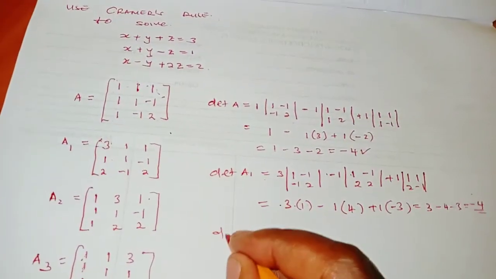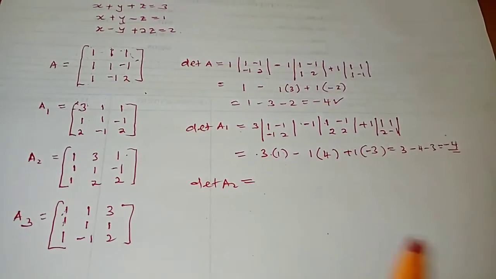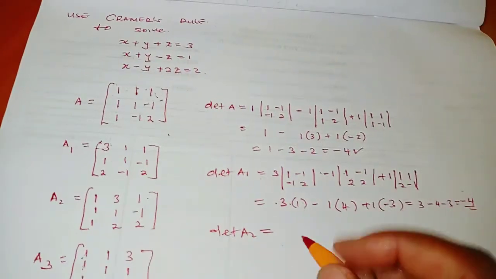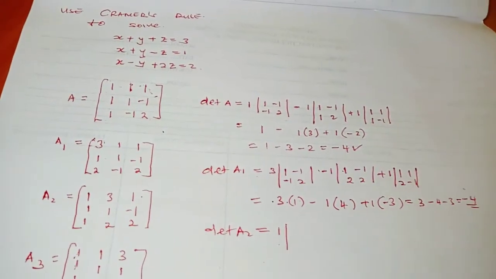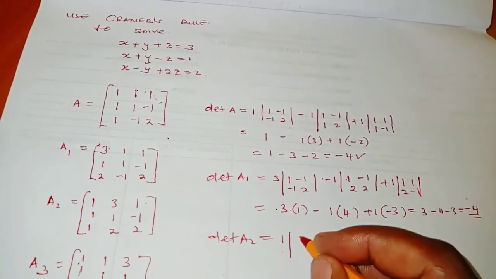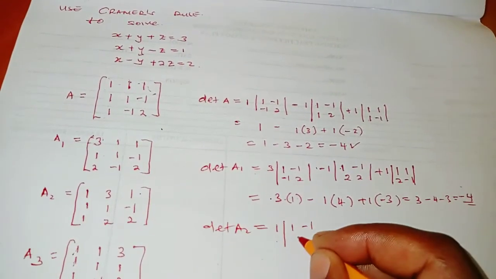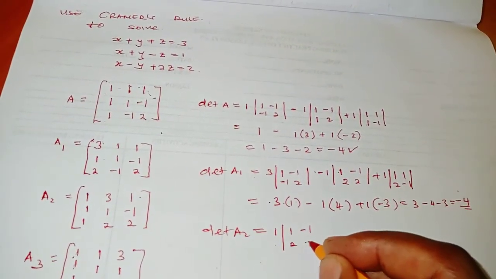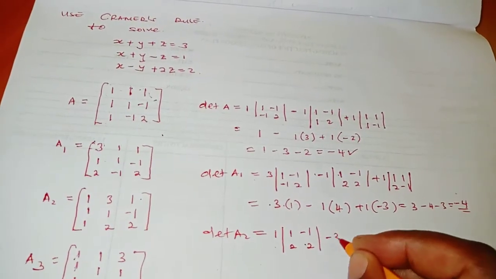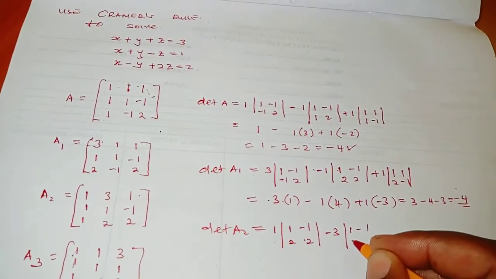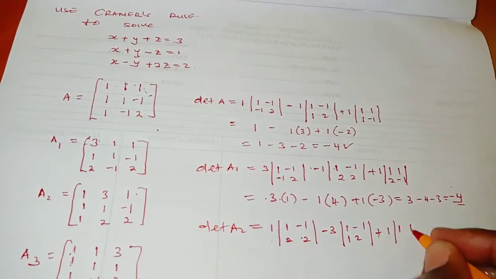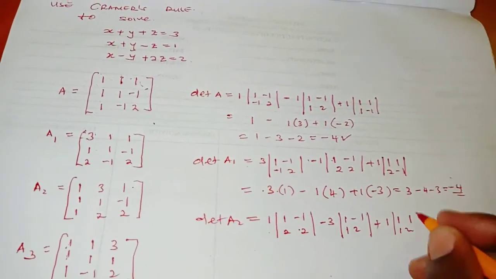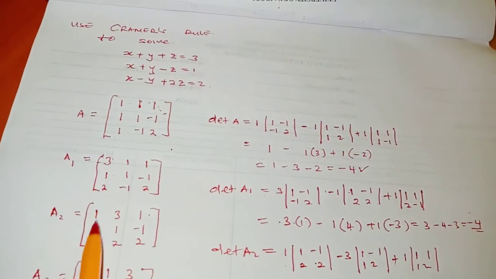Alright, so we evaluate the determinant of A sub 2. We write the first element in the first column and first row, then we get the cofactors. We have 1 times the determinant of 1, negative 1, 2, 2, then minus 3 times the determinant of 1, negative 1, 1, 2, plus 1 times the determinant of 1, 1, 1, 2 when we block the first row, third column.